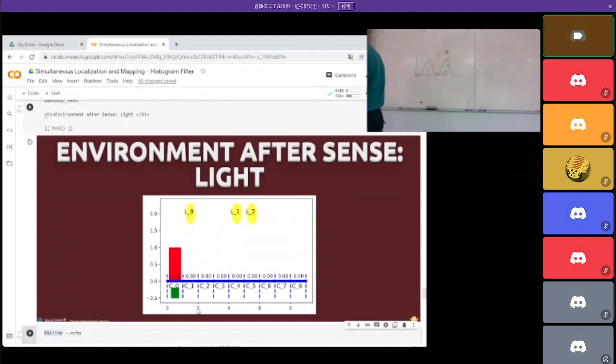So every time we do an update step from the sensor, our uncertainty should reduce, right? Every time I make a movement, what happens to my uncertainty? Increase. It increases, so it's going to flatten out.